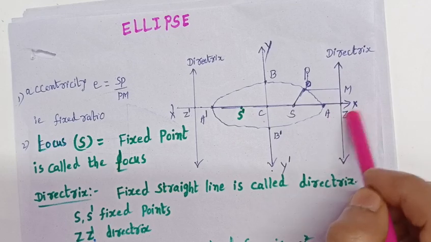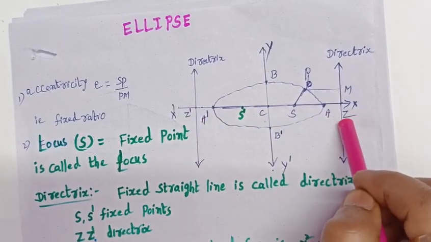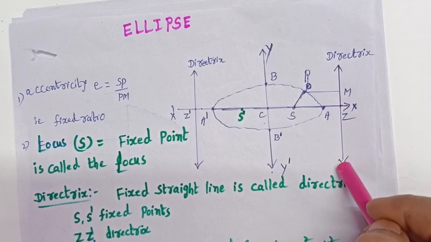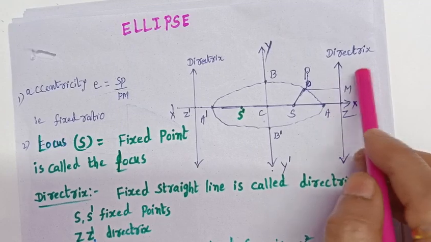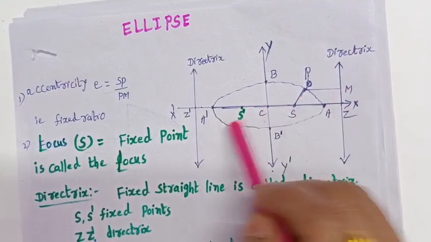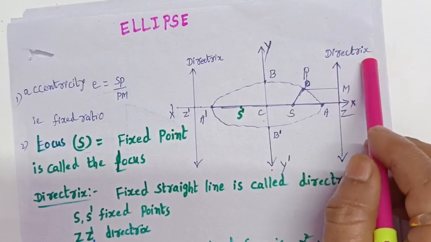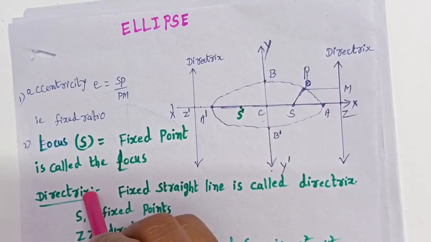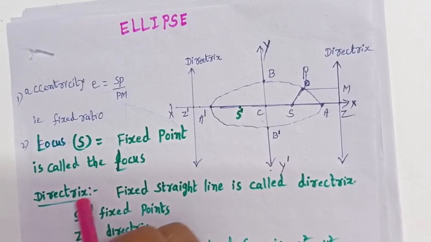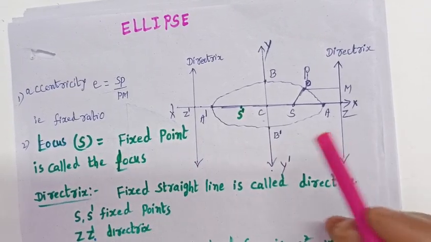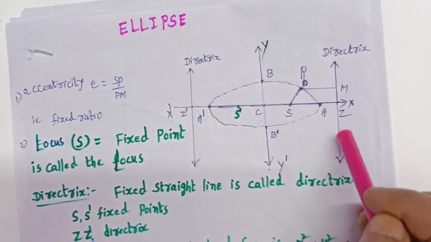Next, look at this Z. This is Z dash. In this case you have to draw a perpendicular straight line. Z is the perpendicular line, and that is called the directrix.